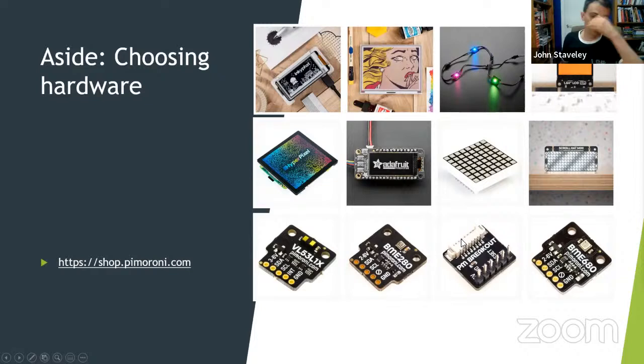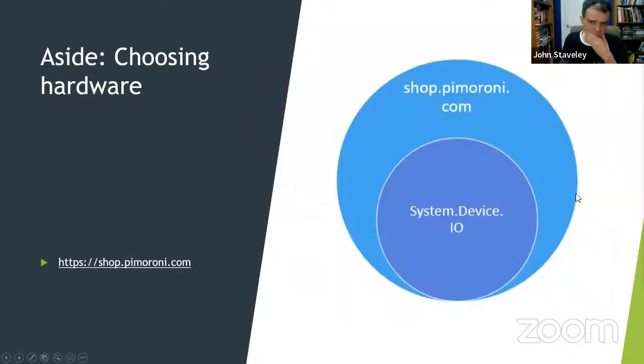But I would advise some caution here, because not everything you see in the shop you can use. That'd be as true as if you're just doing standard C on an embedded device or Python on an embedded device. You need to think, well, there's everything that the Pimoroni shop stocks, and then I need to find out whether it actually exists in my namespace.